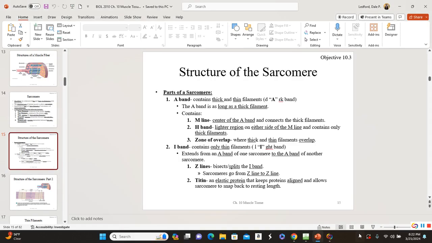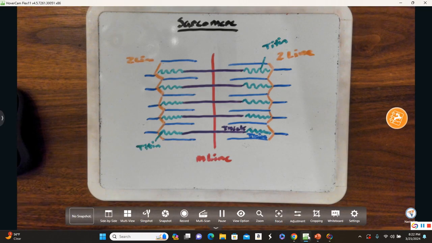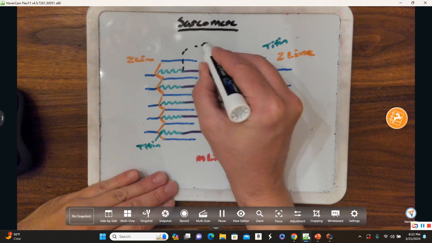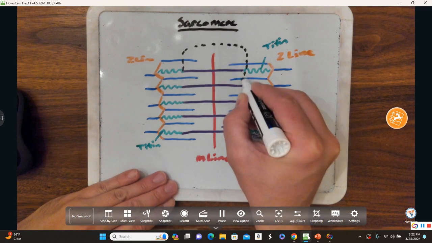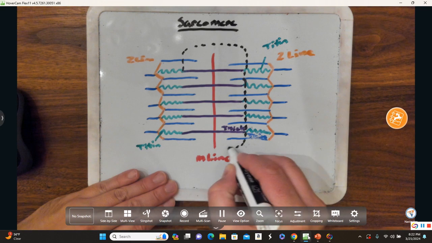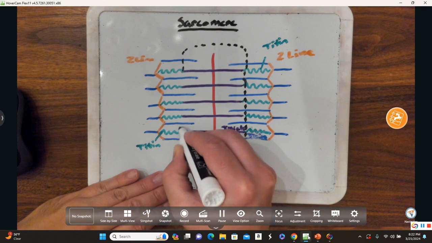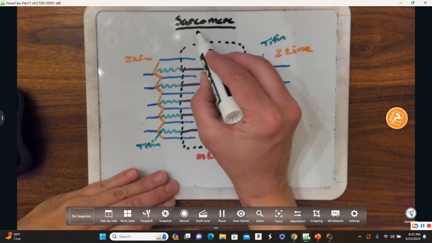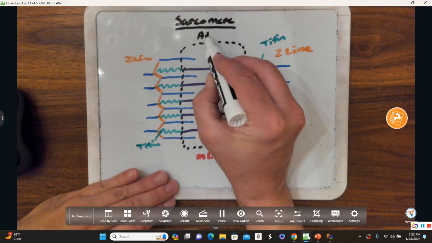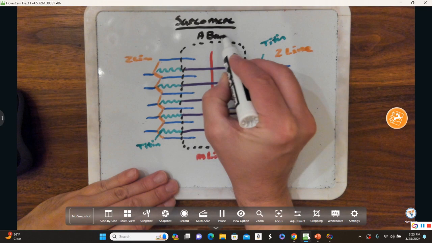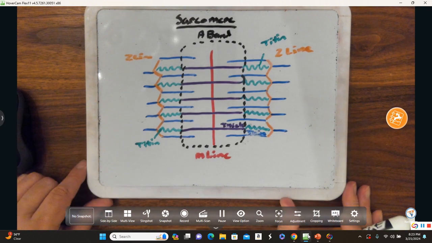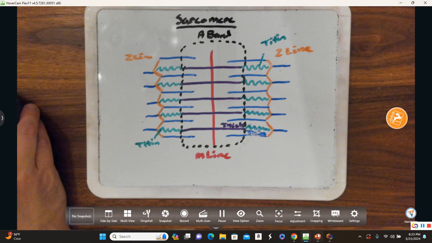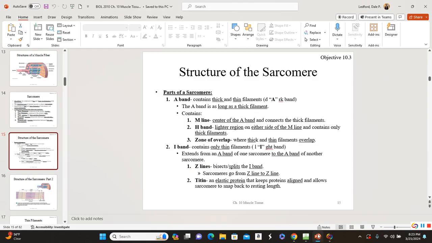So the A band is all that right there. This is the A band. Okay. Now, notice in the A band, one of the things that we have is the M line.